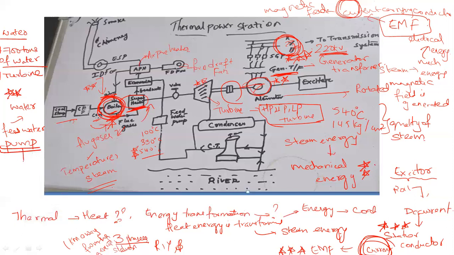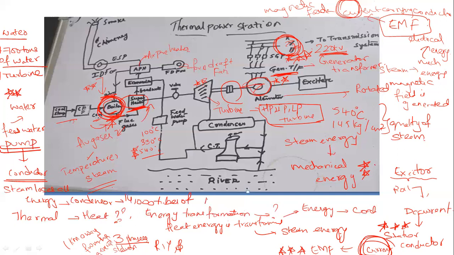So what is a condenser? When the steam loses all its energy, it is dumped into the condenser, where around 14,000 tubes of 1 mm radius are placed.